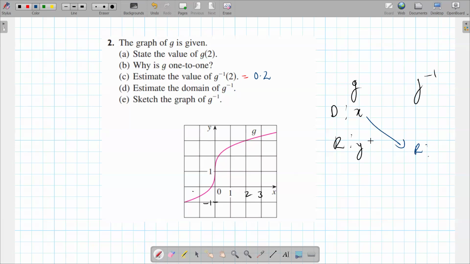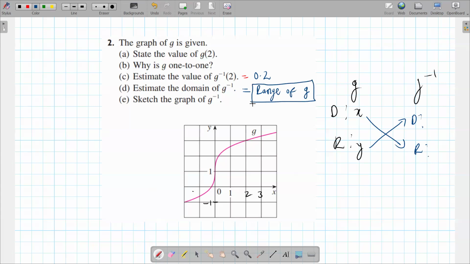The range of G is the domain of G inverse. So part D is asking you to estimate the domain of G inverse. That is the range of G. Domain of G inverse is the range of G.